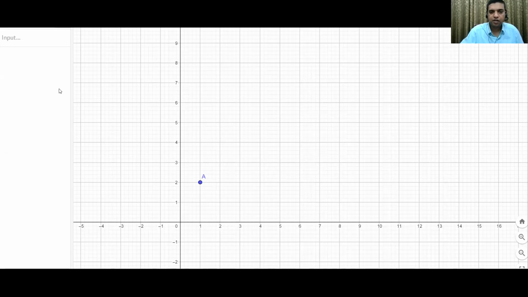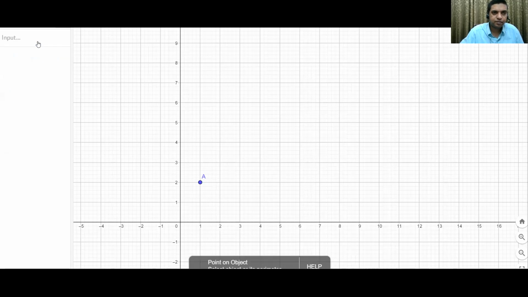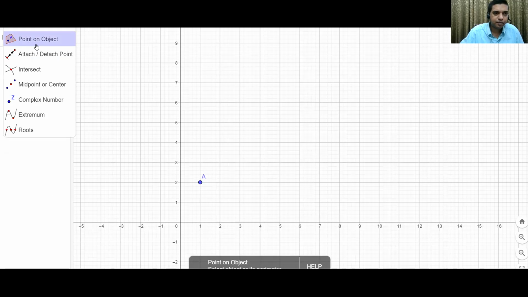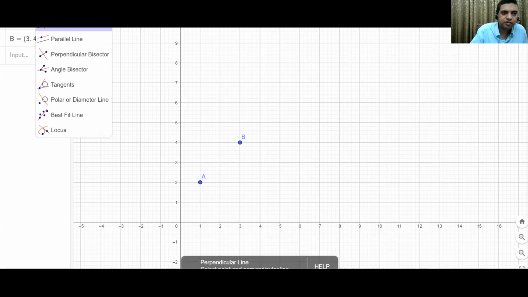Yeah. So 1, 2 is a point here, and then 3, 4 is a point here. By freehand on paper, you should be able to draw just a simple graph, but I'm making an accurate graph here.